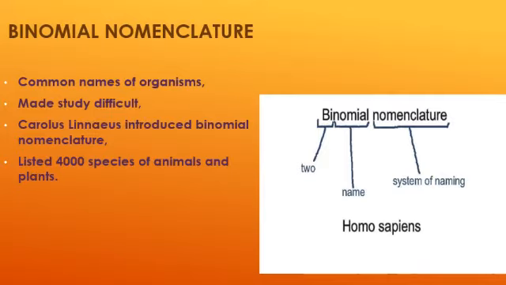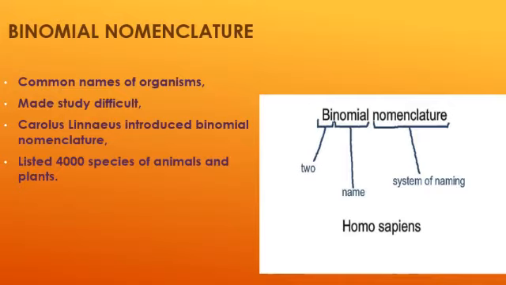Our next topic is binomial nomenclature. Bi means two, nomial is for name, and nomenclature is a system of naming. When biologists from different countries used to meet in a conference, the biggest hurdle in their meetings was language.